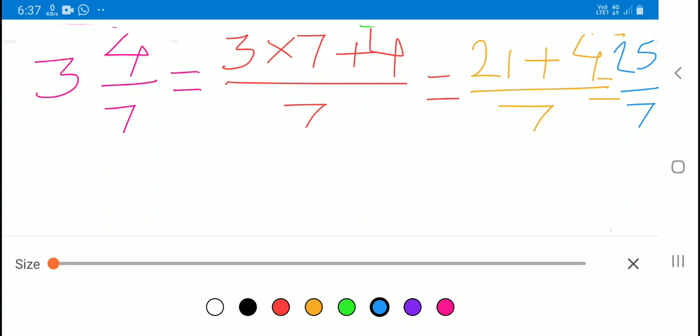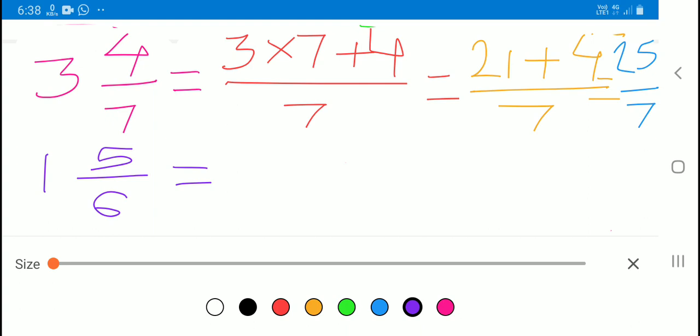Okay. One more example I will write here, that is 1 and 5 upon 6. So here, what will you get? We will see. 1 and 5 upon 6.